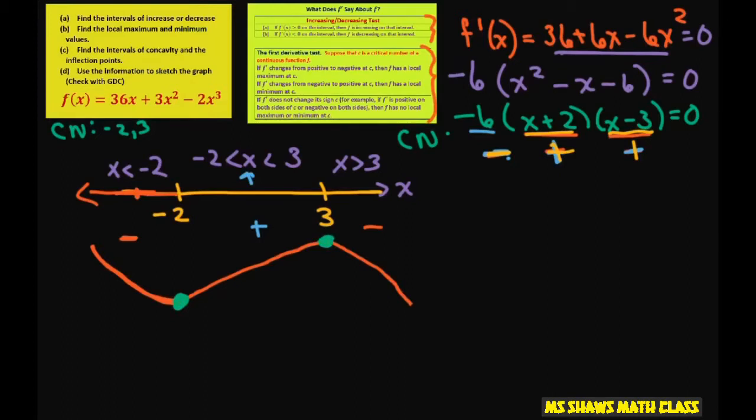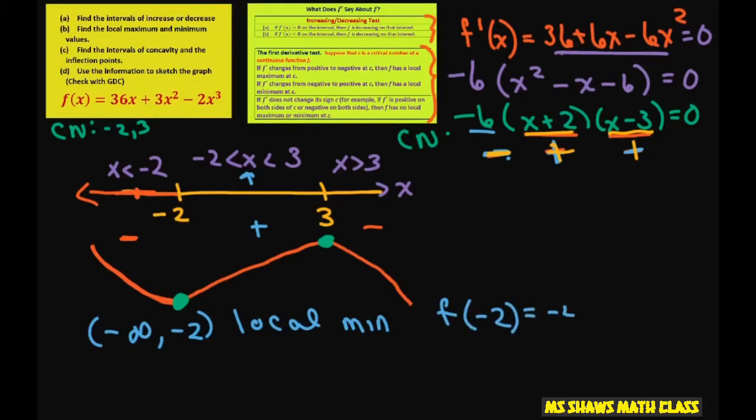Now, to find the values, we have from negative infinity to negative 2, that's a local min. And then you just find your y value by plugging in that negative 2. You get negative 44. So that point, we're going to graph it. It's negative 2, comma, negative 44. And then for our max, that's occurring between negative 2 to 3.